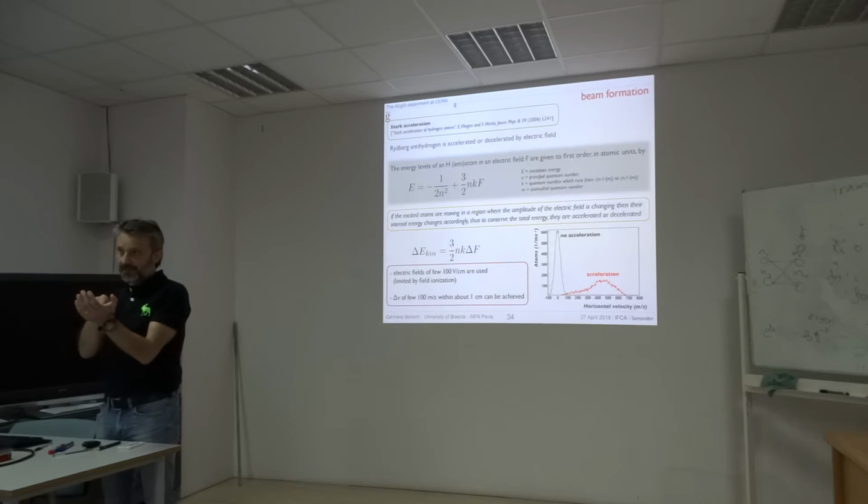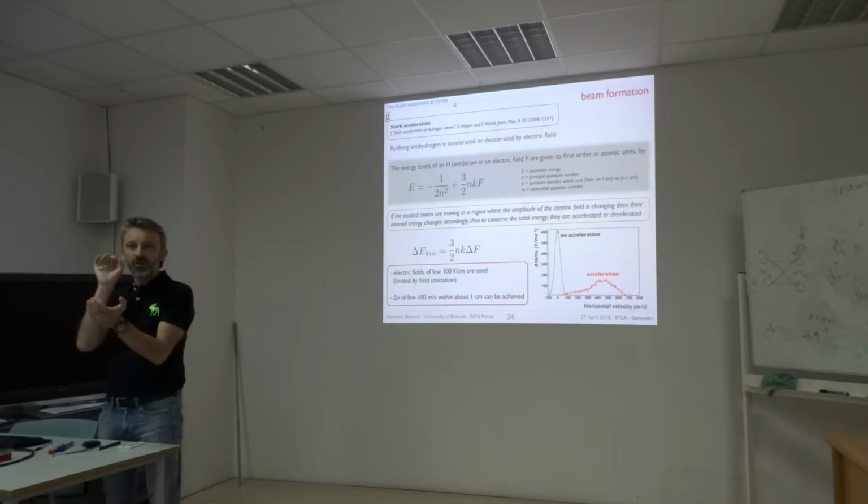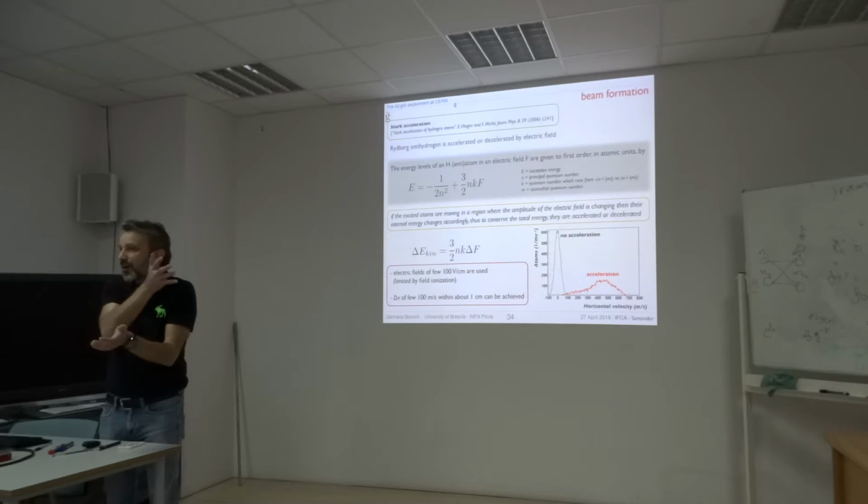Then they shoot a laser at different energies. When they hit the correct energy, you take away the positron of the antihydrogen. Then the antiproton comes out and it dies on the wall, so you see it.